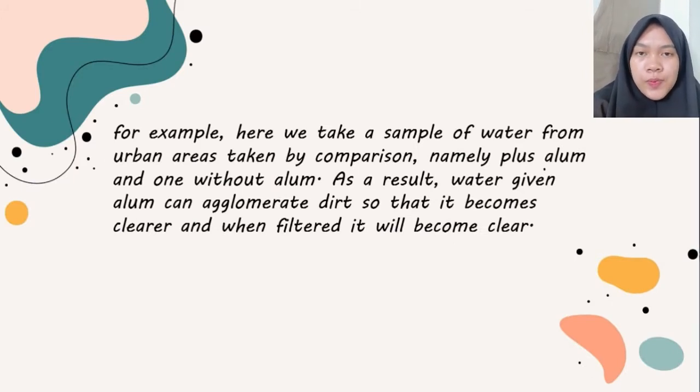For example, here we take a sample of water from urban areas, taken for comparison: one with alum added and one without alum. As a result, water given alum can agglomerate dirt so that it becomes clearer, and when filtered, it will become clear.